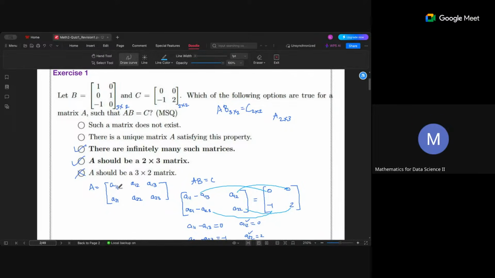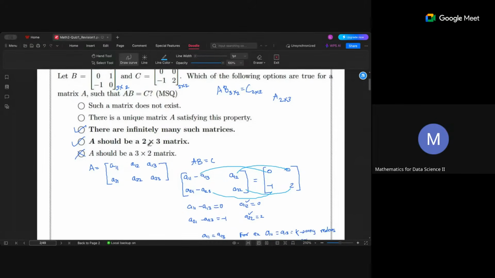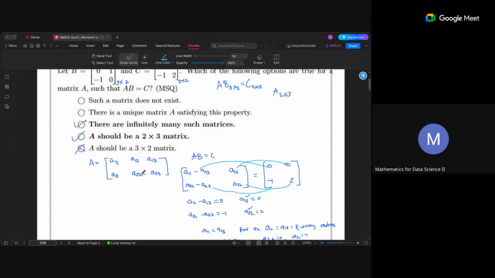Okay, ma'am, I get it. A is a 2 cross 3 matrix because of the given multiplication condition, so that we get 2 cross 2. From the given condition, we have already obtained that A should be a 2 by 3 matrix, and hence I have taken this structure. Okay, fine.